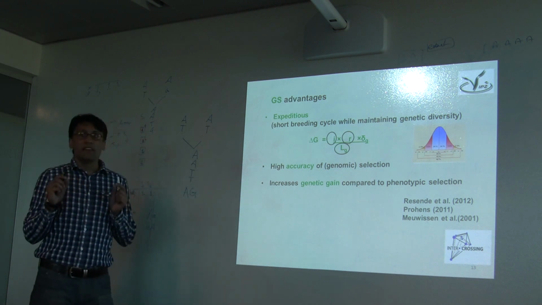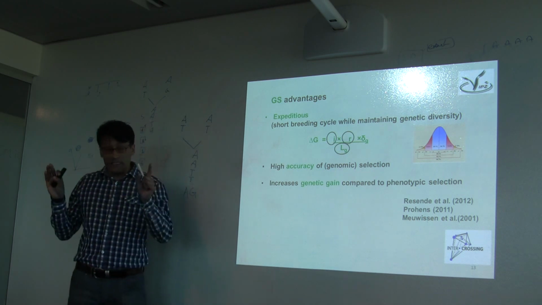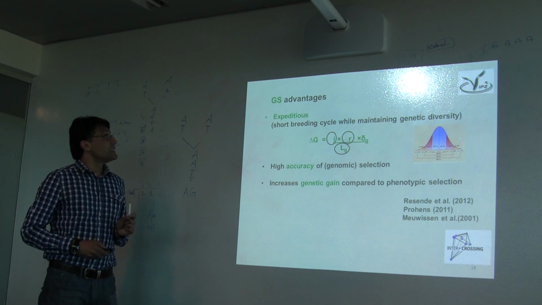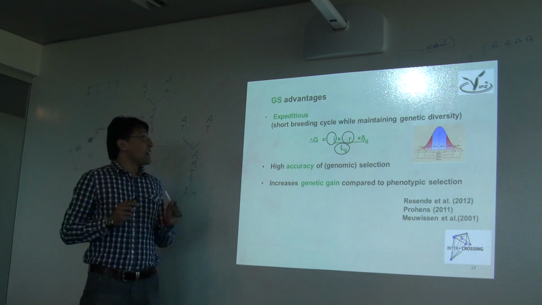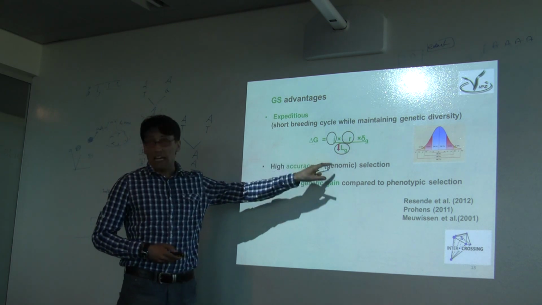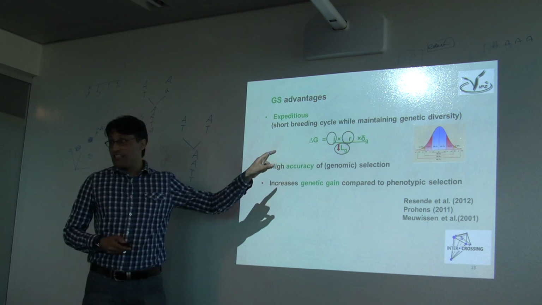Now coming to the advantages of genomic selection over the classical method. The first advantage is that it is a quick system because you have a short breeding cycle. They call it the breeder's equation, actually.